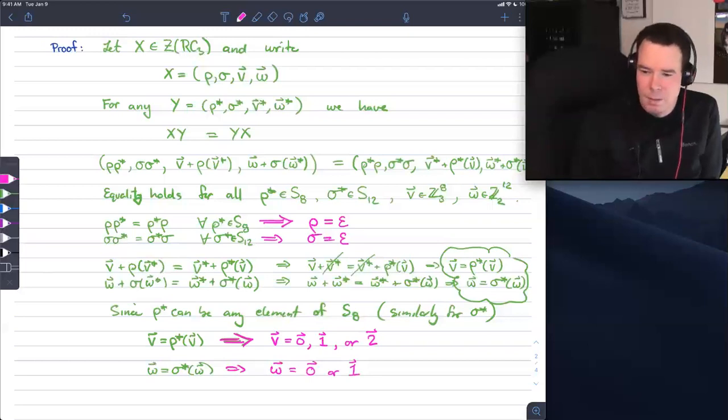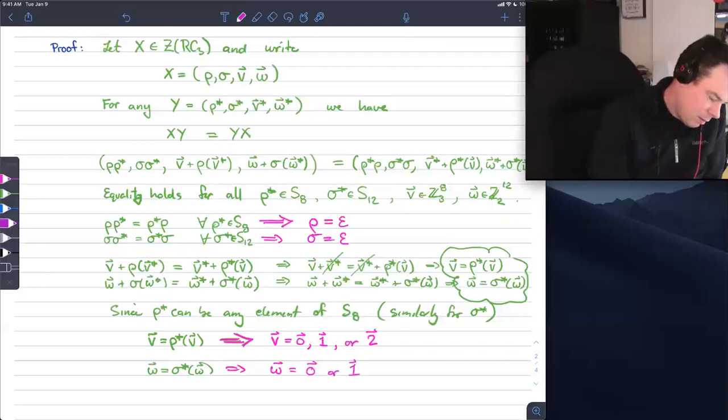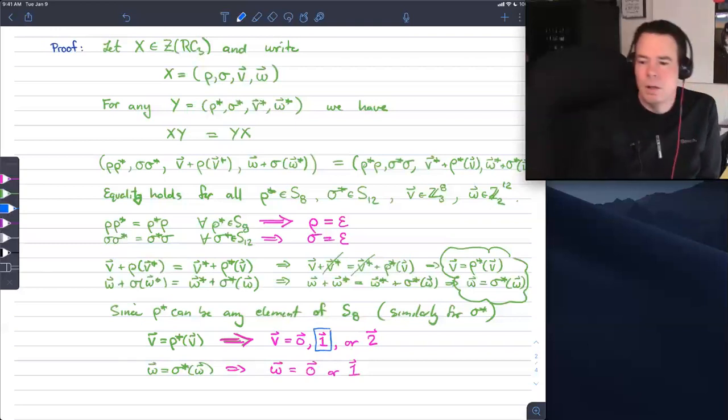Okay, so we're pretty much done here, because now I'm just going to ask a few basic questions. Can all the entries in vector V be 1? In other words, could all corners be twisted counterclockwise 1 click?